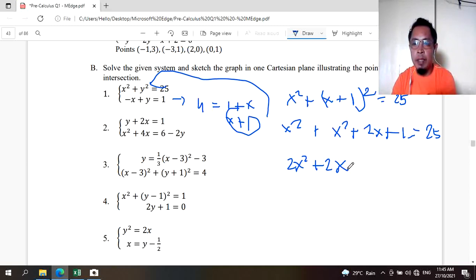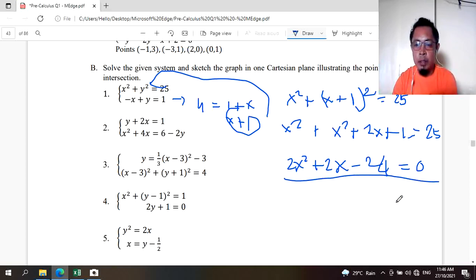Added to positive 1, that is negative 24 equals 0. Simplifying this further by dividing by 2, we have x squared plus x minus 12 equals 0.